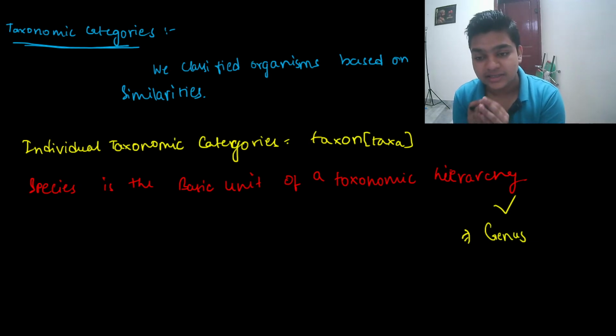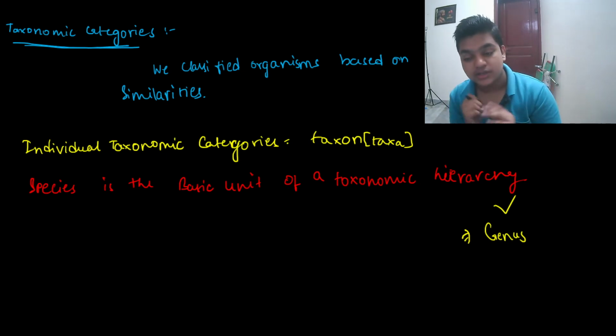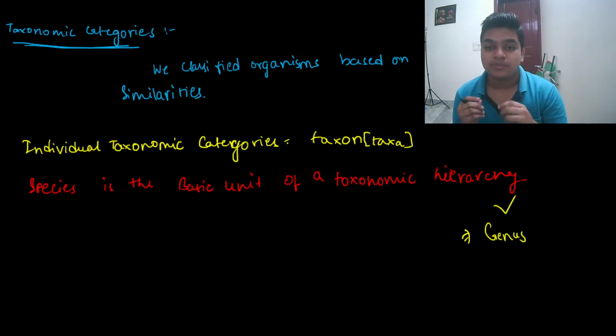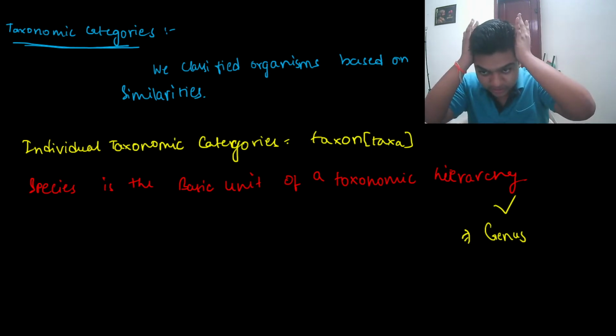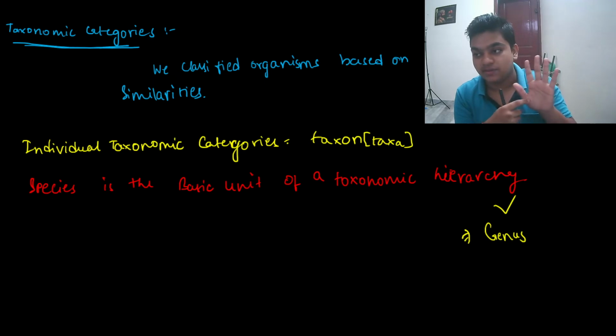The similarities at the species level are very common. If you take monkeys and humans, there are some morphological similarities like four limbs, the cranial cavity, and the palm creases. We also have these lines on the palms.